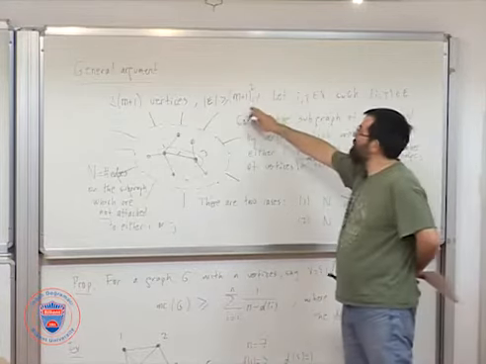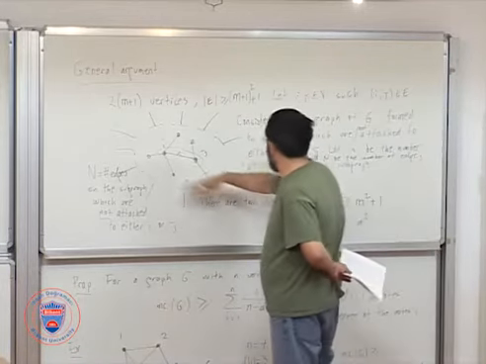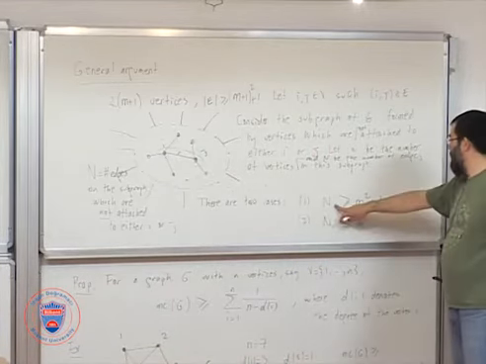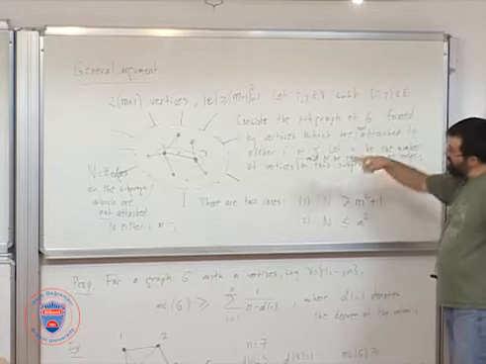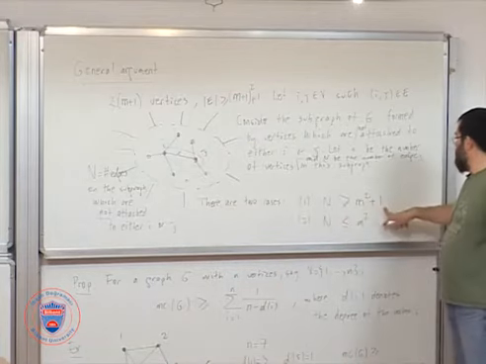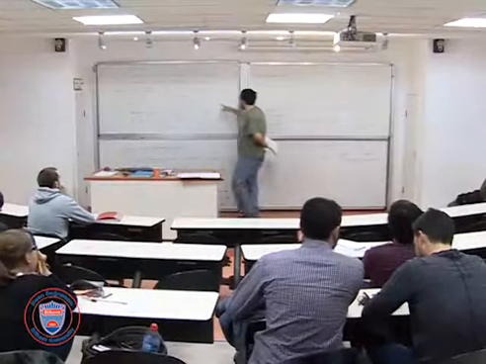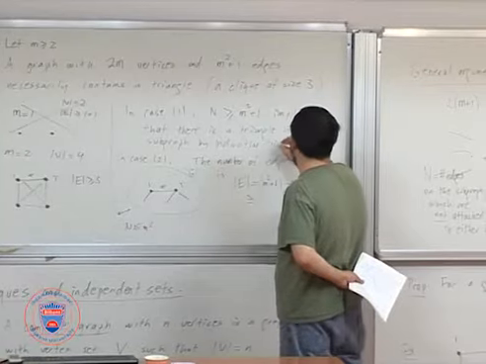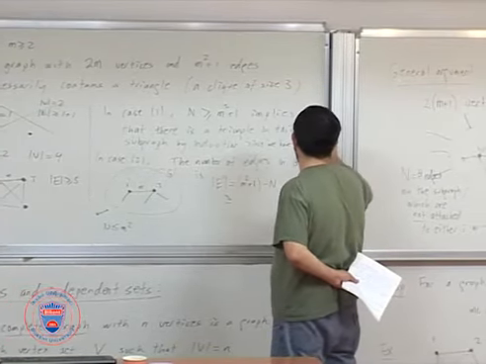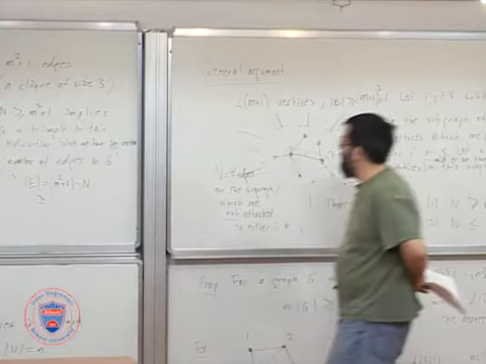We exclude i and j, so the remaining is 2m vertices. And n of them is outside of this circle involving i and j. If that n is bigger than m squared plus 1, then we are done by induction, because we have 2m vertices here. So it is the induction statement that gives you that.